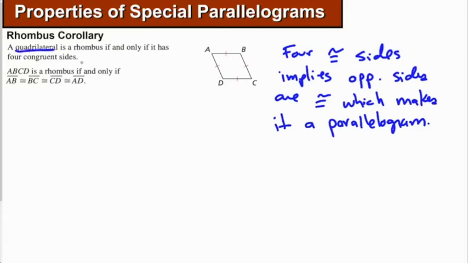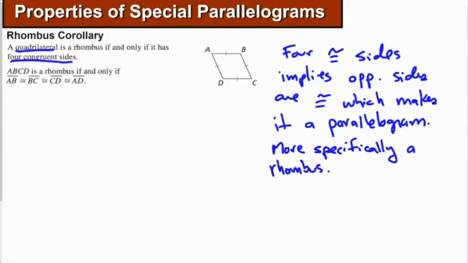So a quadrilateral with 4 congruent sides is a parallelogram, or more specifically, a rhombus. So we do not need to be told that it is a parallelogram first.